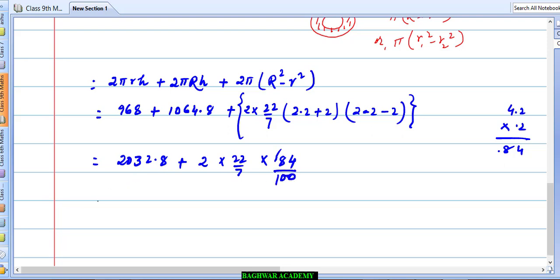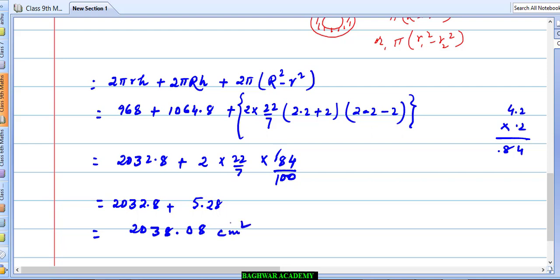Then you simplify this, so you will get 2032.8 plus 5.28. Just simplify by yourself, and finally if you add this you will get 2038.08 centimeter square, and this you had to find out.